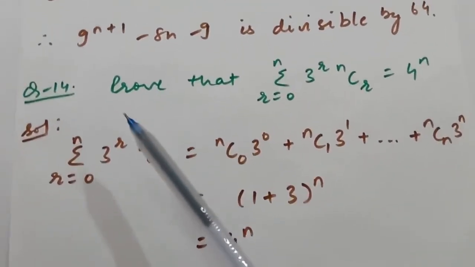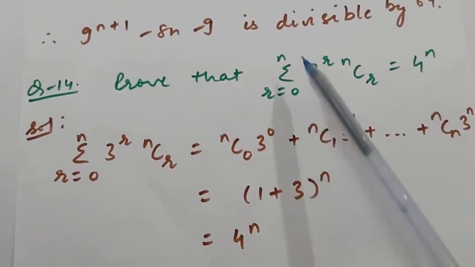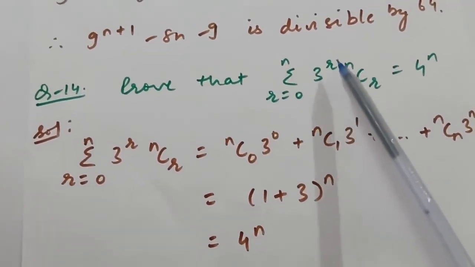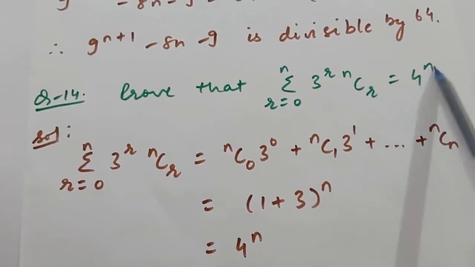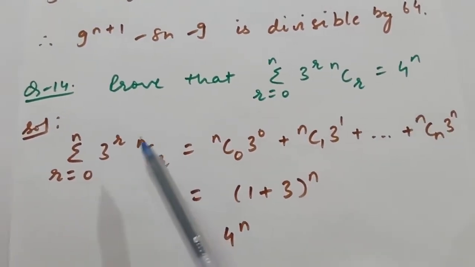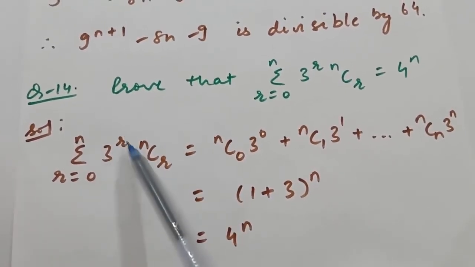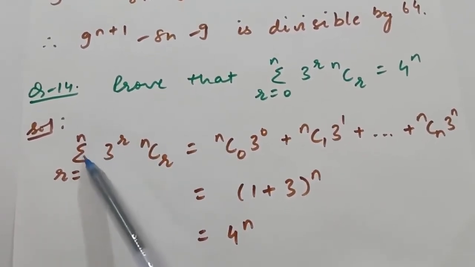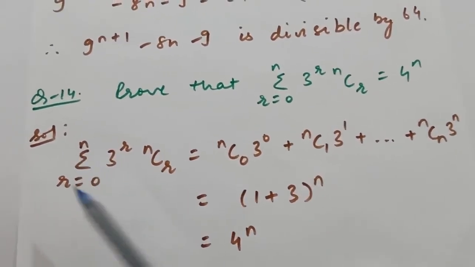Clear? Now question number 14 is, prove that summation of r from 0 to n, 3 raised to the power r into nCr, is equal to 4 raised to the power n. So this is nothing but, in place of r put 0, 1, 2 up to n and take the sum of those terms. This is what the summation symbol means.